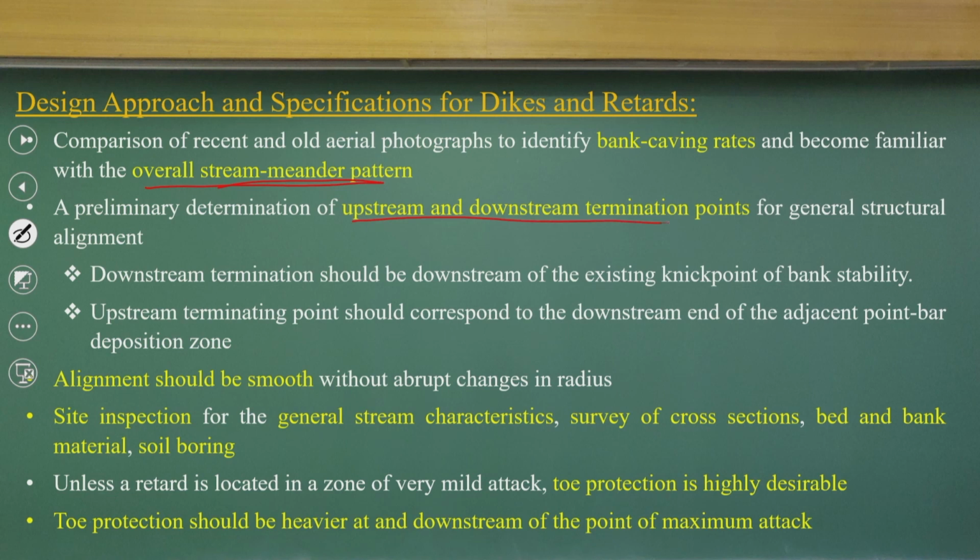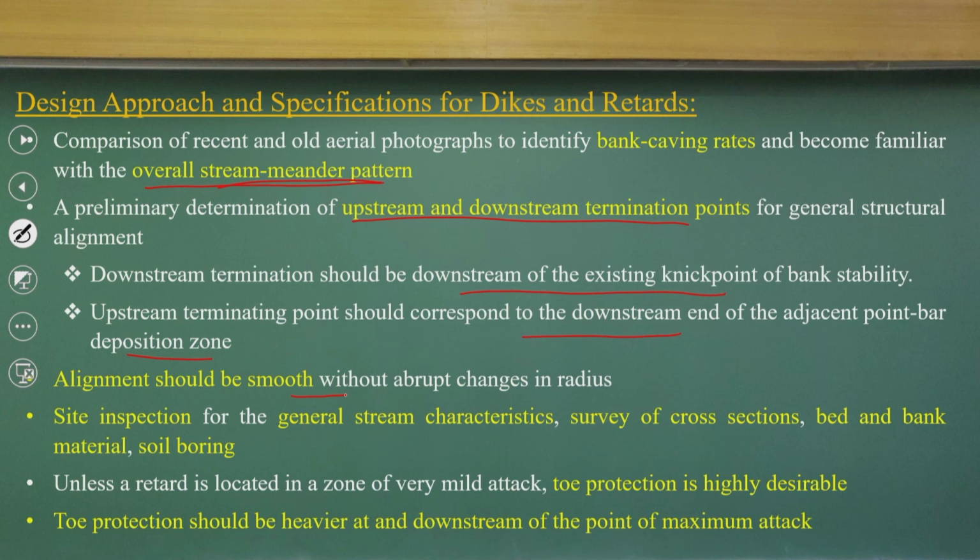We should consider the upstream and downstream termination points. The downstream termination points should have existing knots of bank stability, and the upstream terminating points should correspond to downstream and adjacent point bar deposition zones. And the alignment should be smooth.